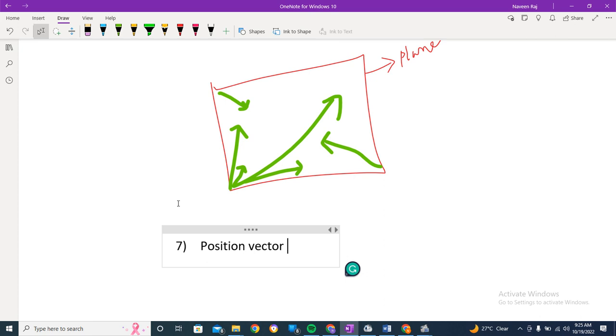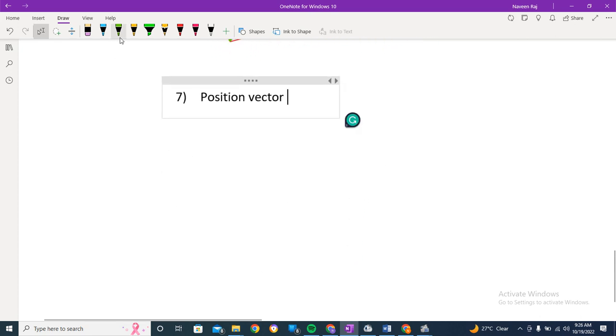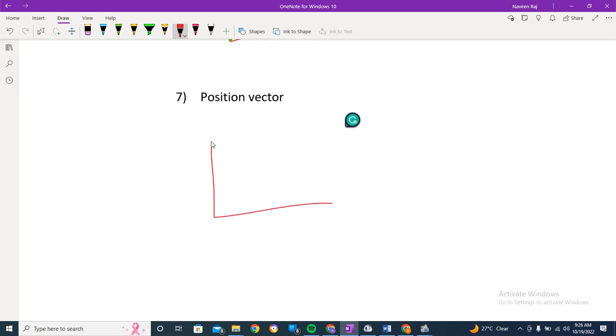For the position vector, we look at a kind of vector formed with the x-axis and y-axis. Suppose this is a point P, and I make a vector over here from the origin, and this is termed a position vector.